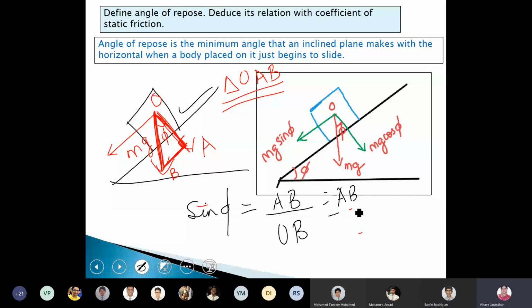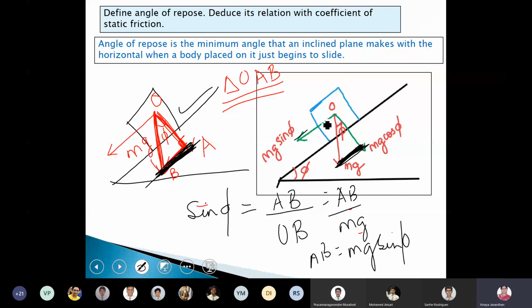So AB becomes equal to mg sin phi. Can you identify this part in the diagram? Both I'm marking with dark black. All the dark lines are the same, mg sin phi, mg sin phi.